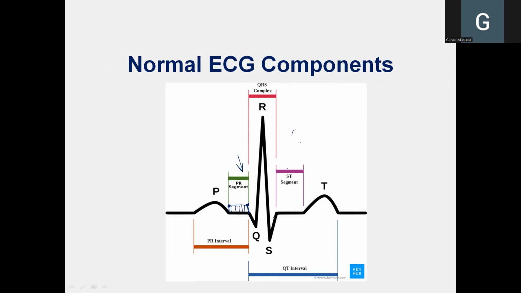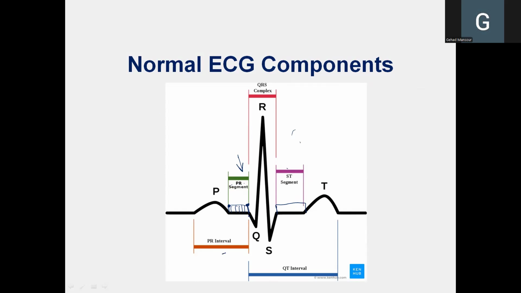It is the distance between two successive waves. And we have another segment that is called the ST segment. Of course, you might be wondering why the PR segment is not called a PQ segment, because it ends at the Q wave.